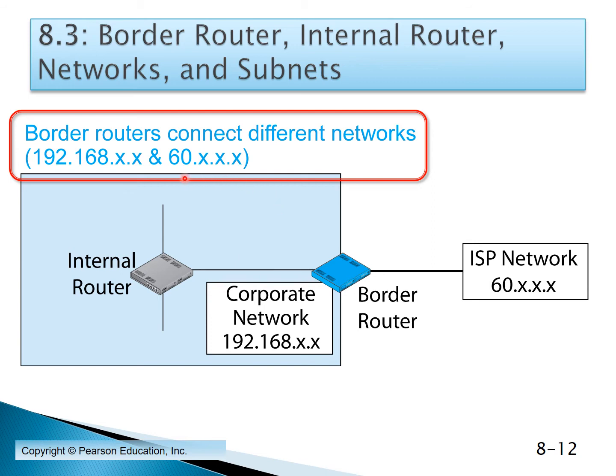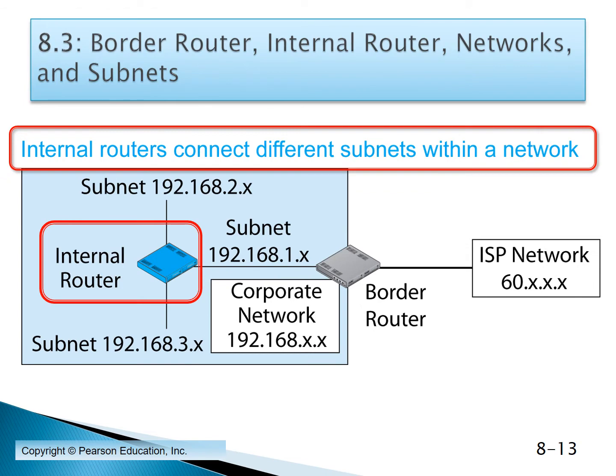This one is within your organization network, and then you may have some internal routers. Everything within this network, say your corporate network, starts with the IP address 192.168.x.x, right? The border router is going out of your organization network and connecting to other networks, say your ISP network. So that's again the internet part, how you can go out of your own network and connect to the web and to the servers of other companies.